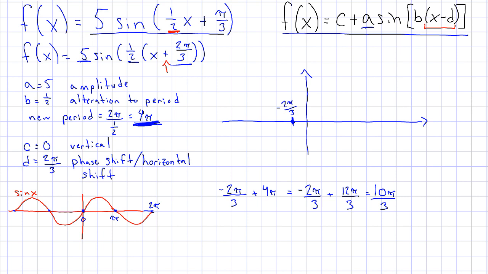So somewhere over here, 10 pi over 3. And this corresponds to my 2 pi location. So these are corresponding locations. And then I know I'm going to hit halfway in between the two. So my function looks something like this.